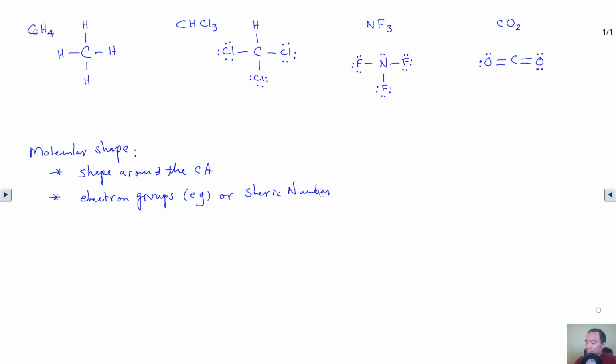So what is the number of electron groups, or steric number? Electron groups can be different things. Sometimes they are bonds, sometimes they are lone pairs.